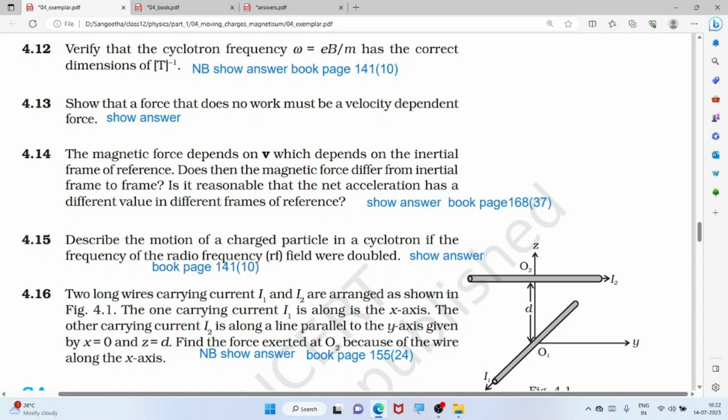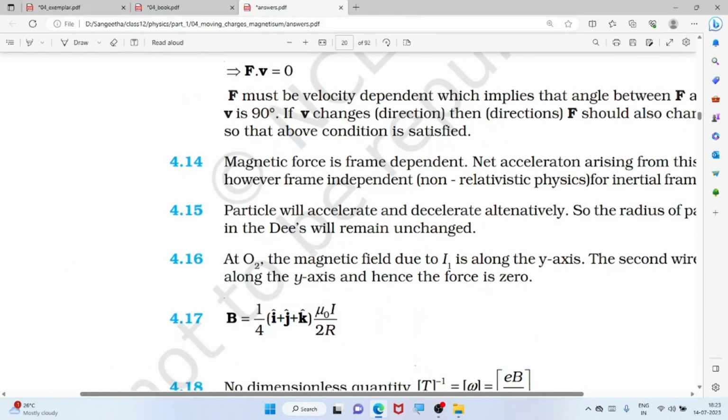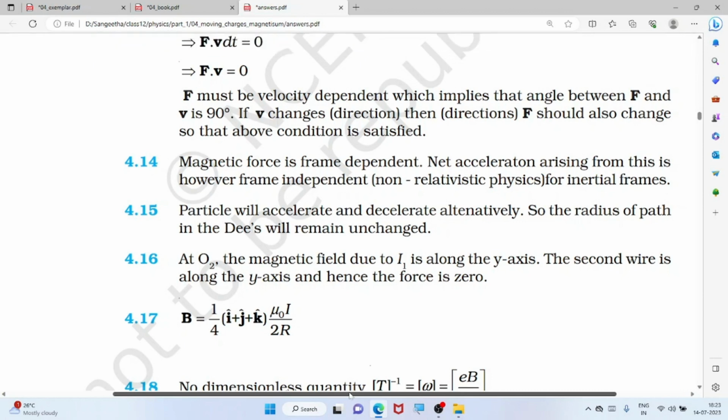Does the magnetic force differ from frame to frame? It is reasonable that the net acceleration is different. The magnetic force is frame dependent. Net acceleration arising from this, however, is frame independent.